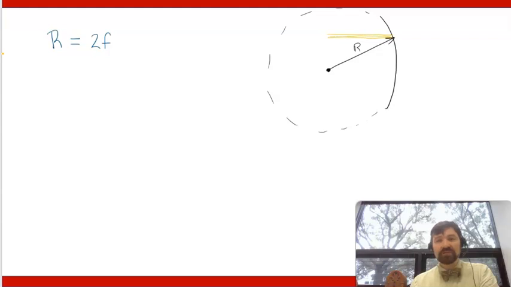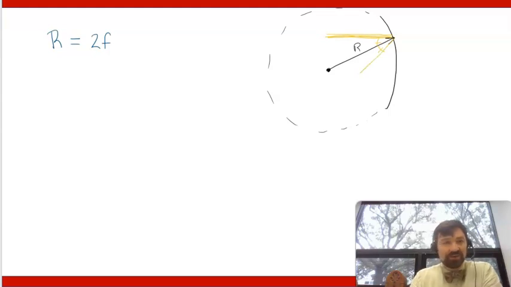So here's my incident ray. The law of reflection says that this angle right here must be equal to the angle of reflection, because this would be my incident and this would be my reflection. But the radial line is normal to the mirror surface, and so my reflected ray basically just passes down here.